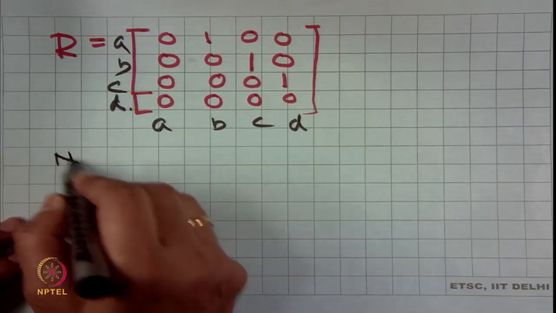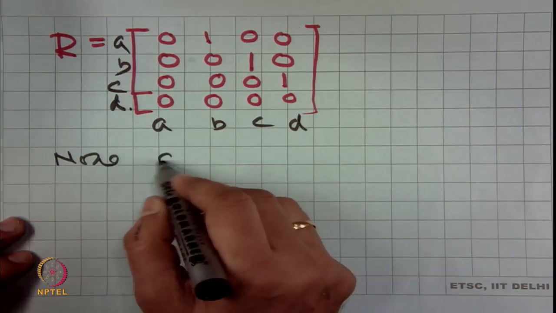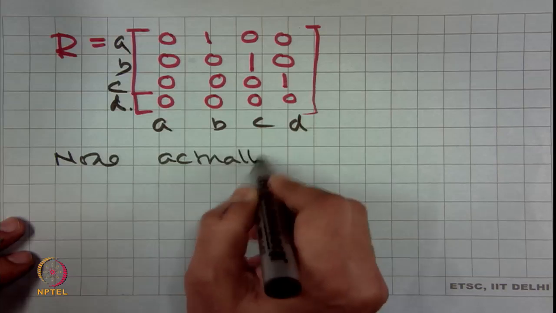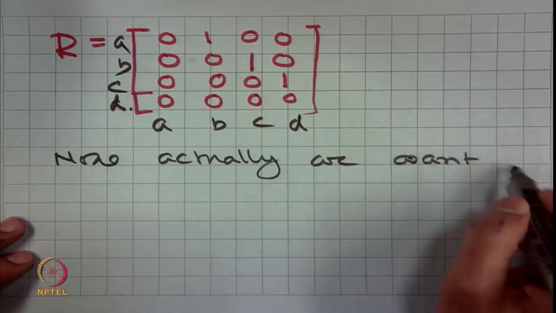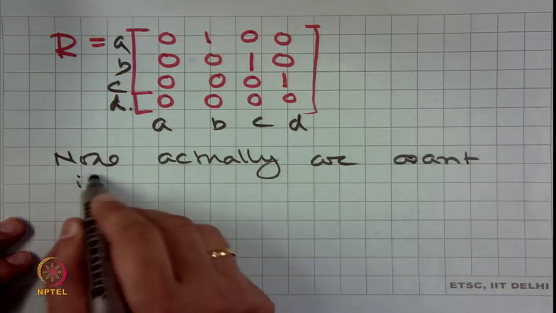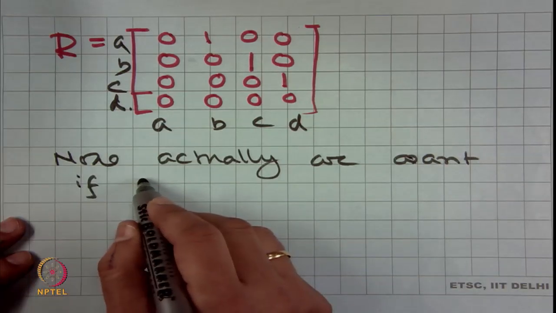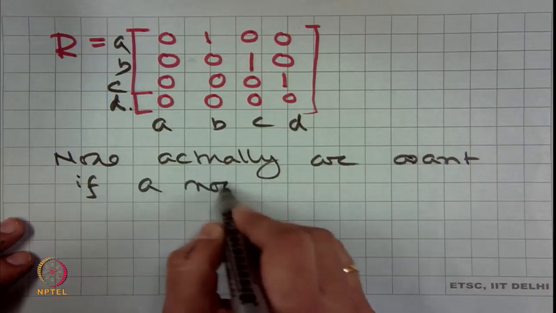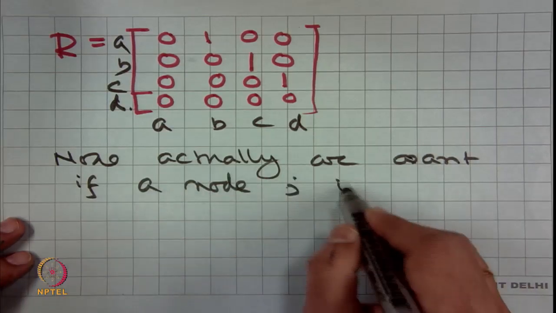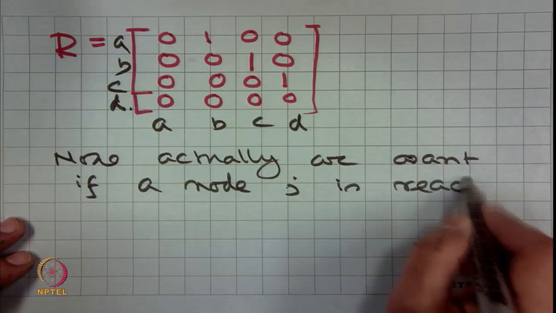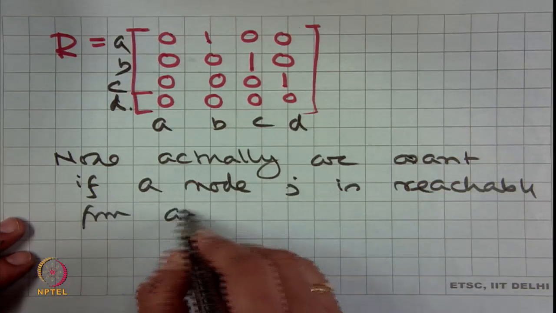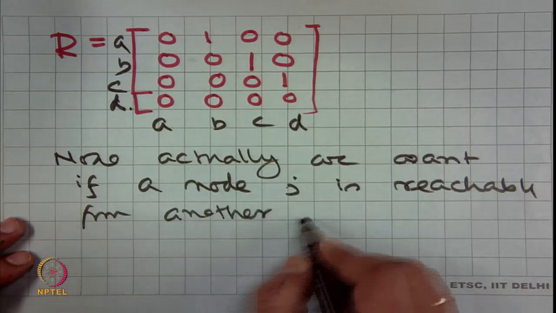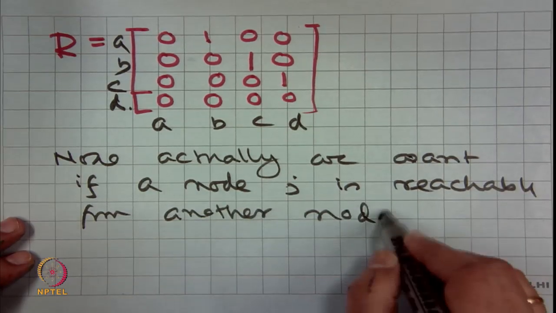Now, actually we want to know if a node j is reachable from another node i.